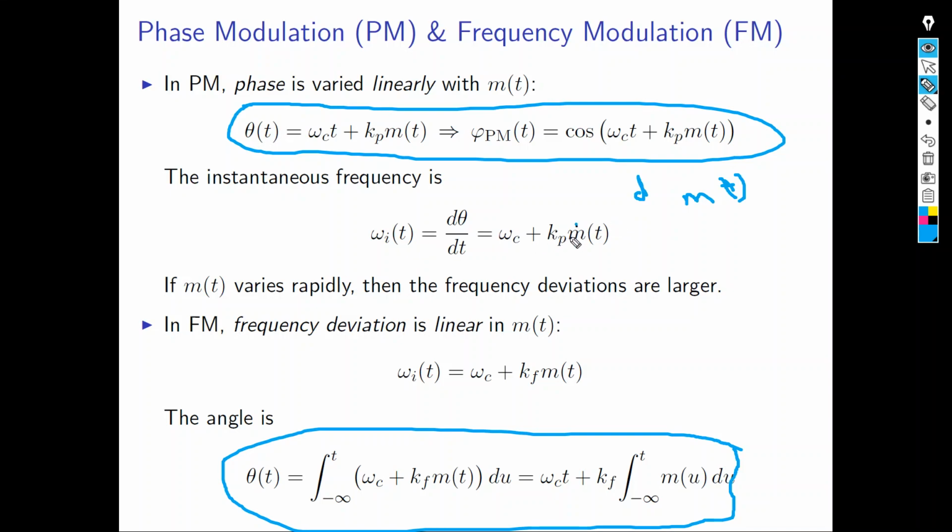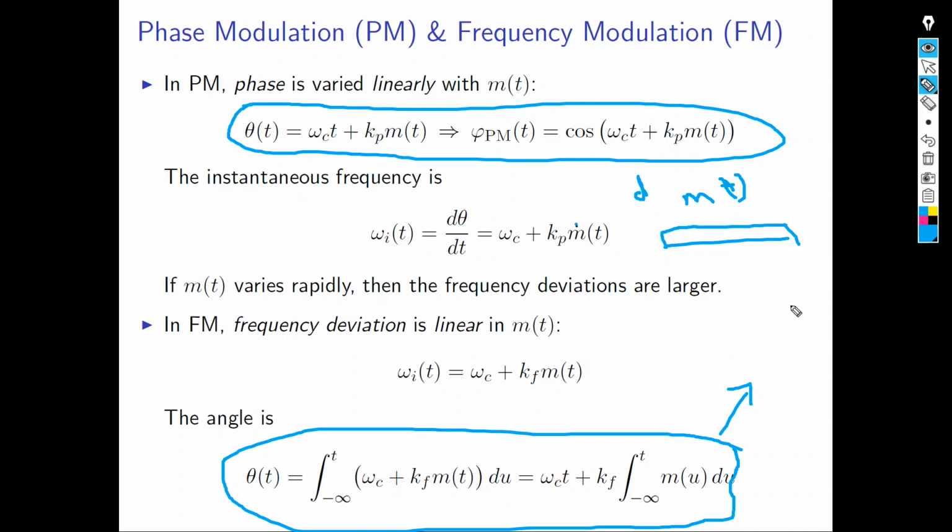This is the derivative. And then make the frequency changes based on the derivative of the message signal. We call this block diagram frequency modulation. Where here, if you take the message signal, integrate it, and then change the frequency based on the integration of the message, then you have phase modulation.